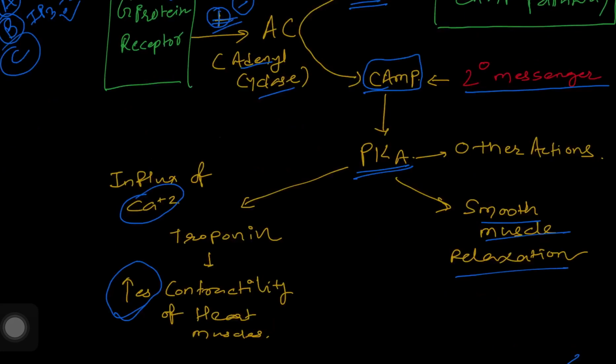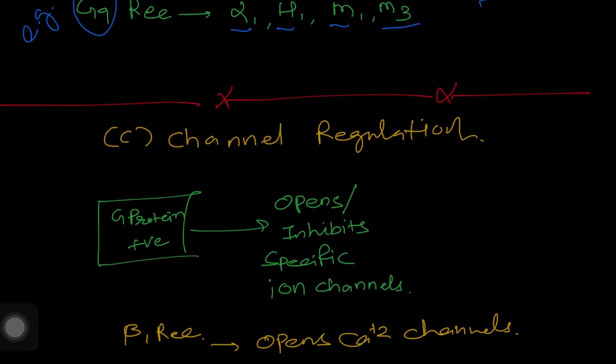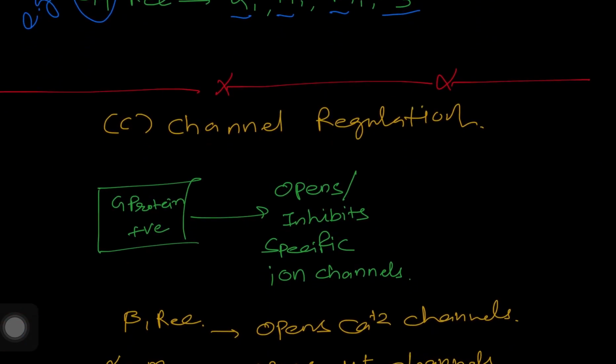Let's talk about the third pathway, and this third pathway is called channel regulation. There are certain channels which get regulated, which get opened, which get closed, depending upon the associated G protein. So this G protein helps in opening and closing these channels and producing a particular response by movement of these ions.